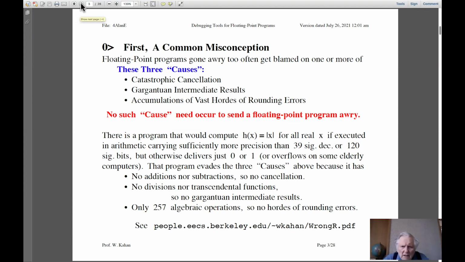And there's only a couple of hundred or 300 algebraic operations, and that's not really very much nowadays, so you can't say that there are hordes of rounding errors. I'm not going to go into the details of that. There's a citation at the bottom of the screen which tells you where to go and look for that program. But it is something that causes trouble.